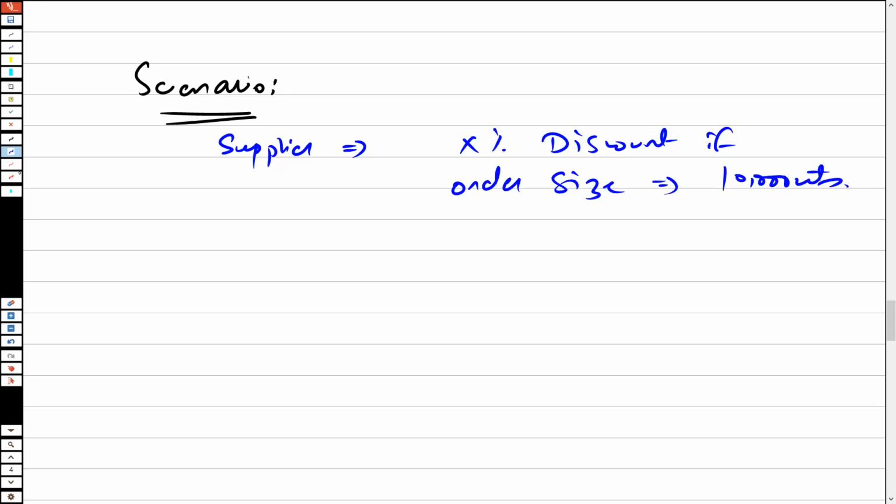So in case the examiner gives you such a scenario, you have to make sure that you place an order, and that order is going to be a bit different because the supplier has offered you a certain percentage of it.